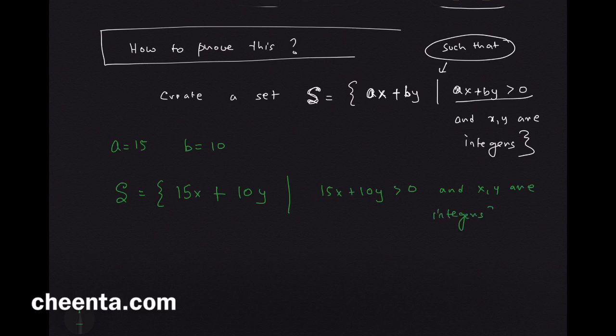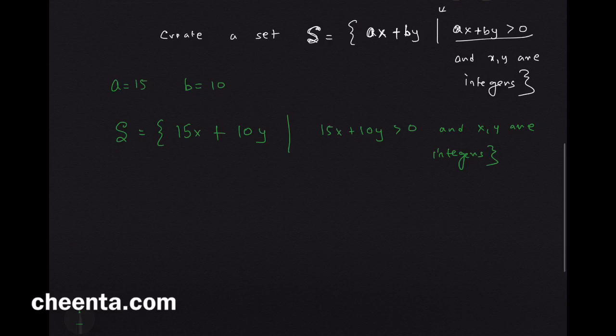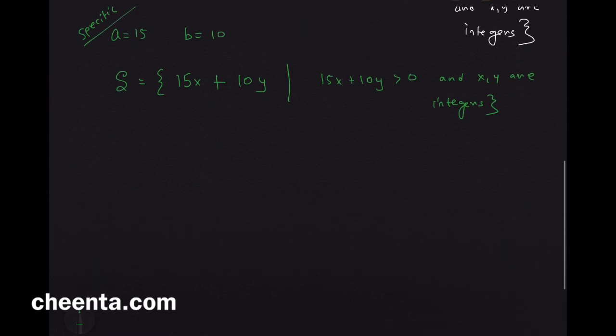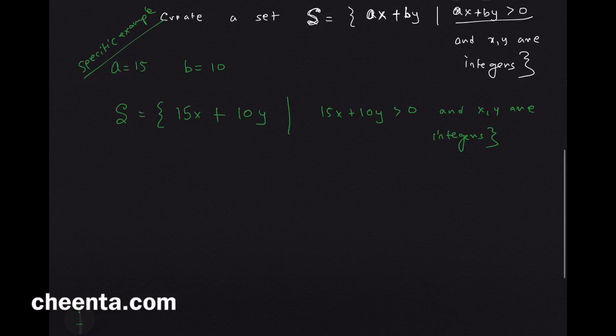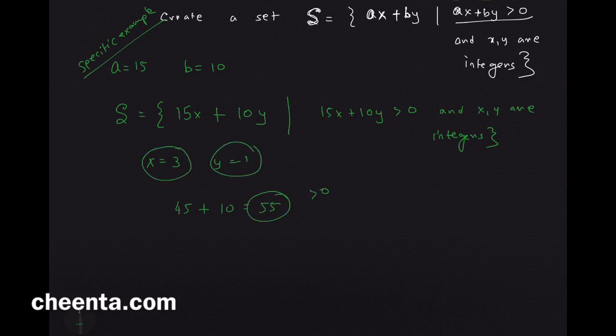This is a specific example so that you understand the set S. For example, we can have x equals 3, y equals 1. Then this will be 45 plus 10, which is 55. This is greater than 0 and x and y are definitely integers. So S will contain 55.